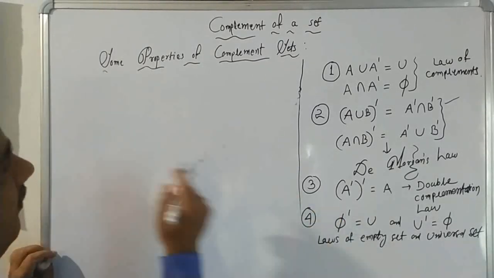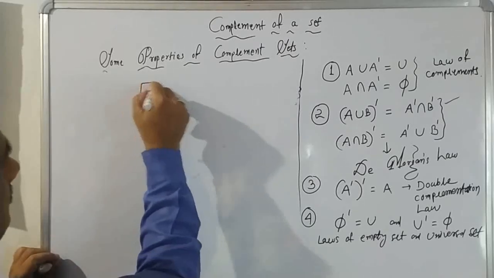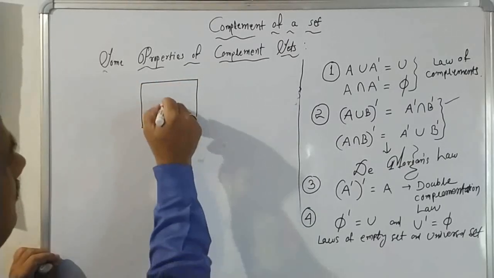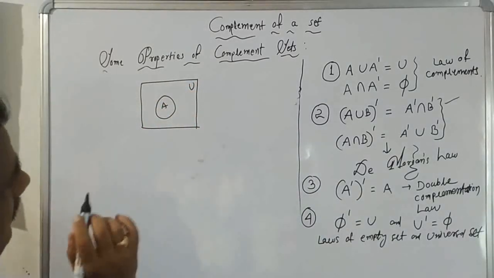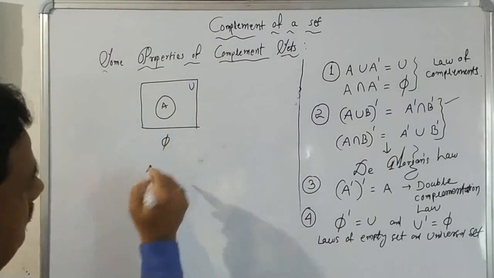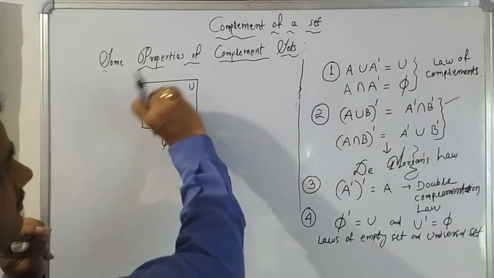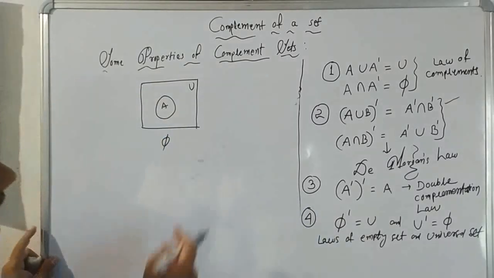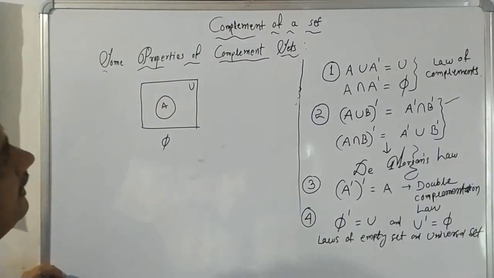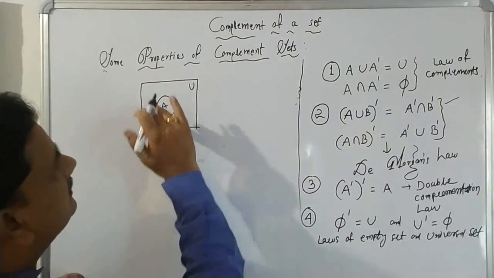Similarly, phi dash. This is A, this is U. This is phi, because we have not shown any element here. You are showing some elements means you have to shade. No shaded portion is there means it is phi. Its complement means you have to leave all the parts.